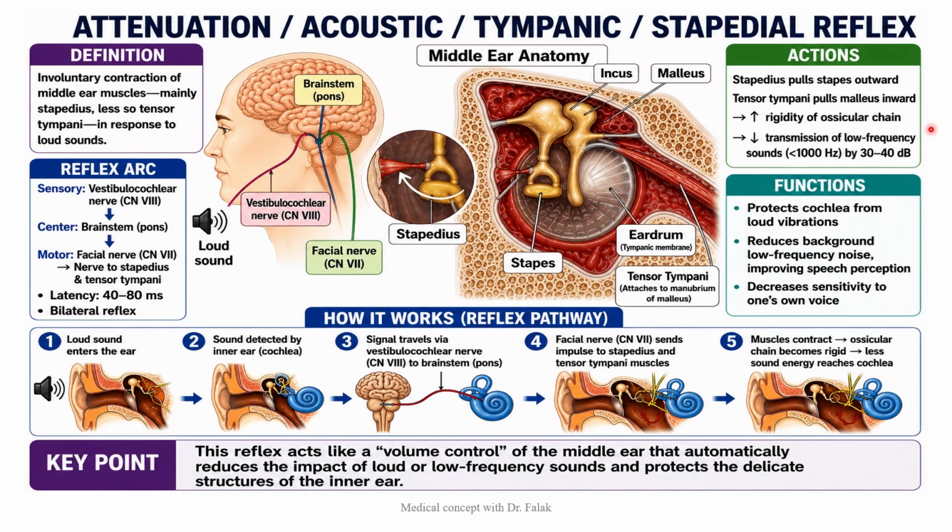Ultimately, they lead to increased rigidity of the ossicular chain and thus decrease the transmission of low frequency sound, less than 1000 Hz, by 30 to 40 decibels. By doing this, it protects the cochlea from loud vibrations. It reduces background low frequency noise, improving speech perception, and it is also responsible for decreasing sensitivity to one's own voice.